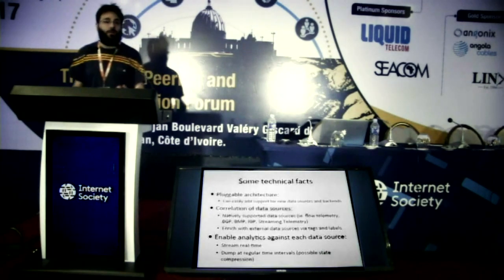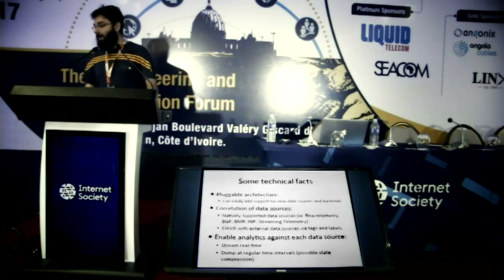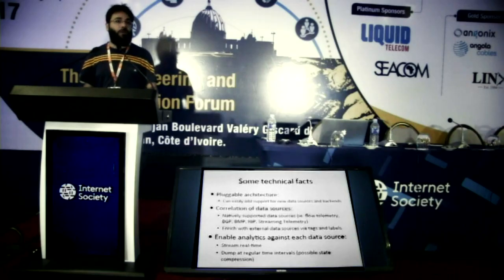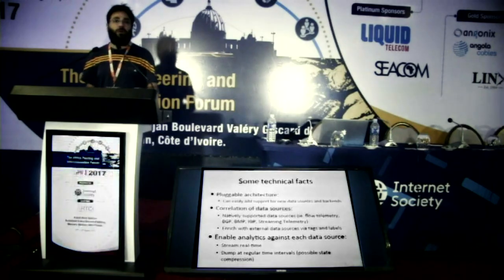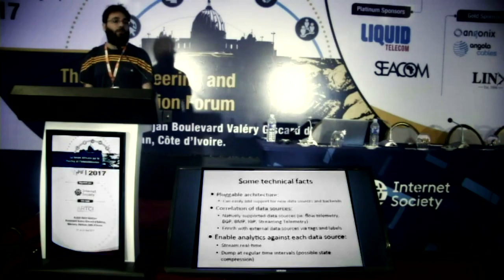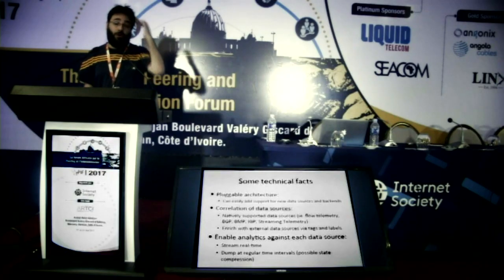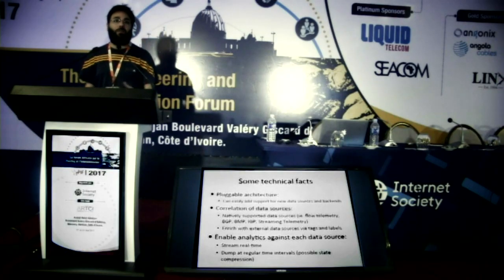Let's take the example of BGP. If you stream it real-time, you would see the BGP messaging as JSON objects going to the backend, to a Kafka broker or to files, and that is to cover use cases like security, or to spot if there are route hijacks or flapping and things like that.